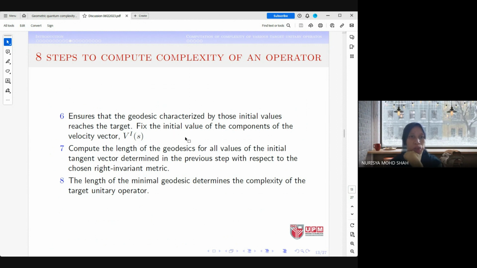Fix the initial value of the components of the velocity. Then you can compute the length of the geodesics for all values of the initial tangent vector determined in the previous step with respect to the chosen right invariant metric. And then you can have the length of the minimal geodesic that can determine the complexity. So this also you can produce the complexity bound.